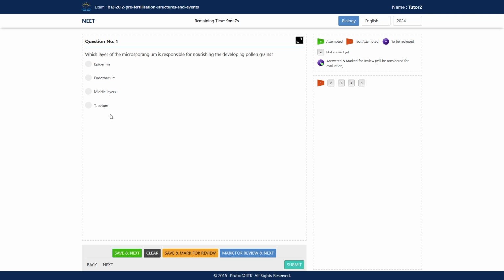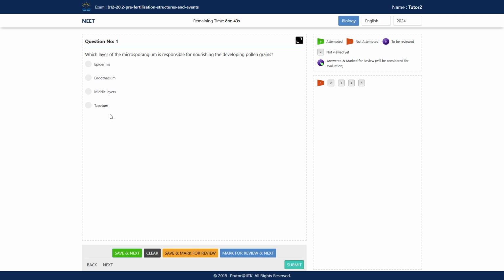If we see the microsporangium, the outermost layer is the epidermis layer. Below the epidermis, there is a layer called endothecium. And below endothecium, there are 2-3 middle layers.